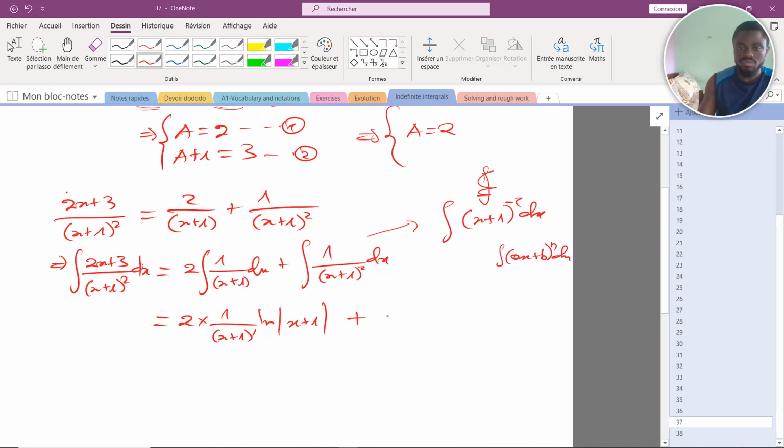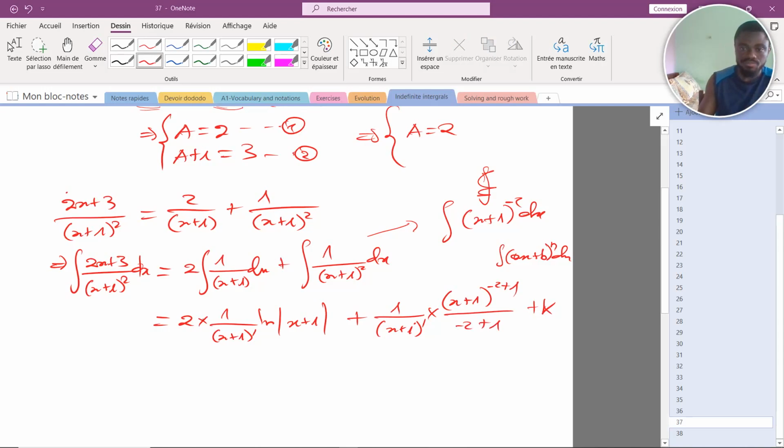So how do you integrate this? This will simply be equal to 1 all over the derivative of x plus 1, times (x plus 1) to the minus 2 plus 1 all over minus 2 plus 1, plus our constant of integration.